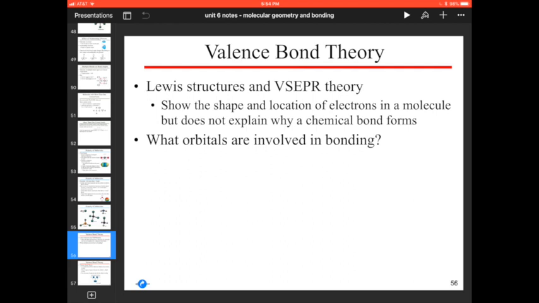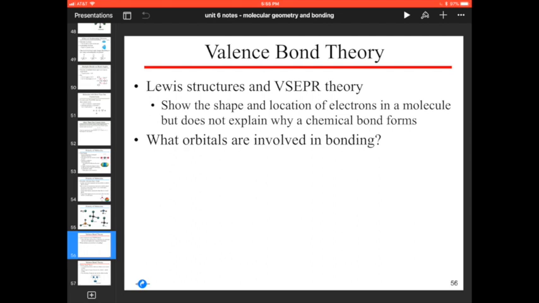Now that we've looked at polarity of molecules and the different shapes that molecules can make, what we're going to do is talk about valence bond theory. We're going to talk about how the atoms actually bond together to explain why the shapes that we see are involved.